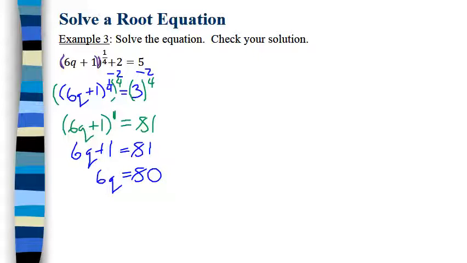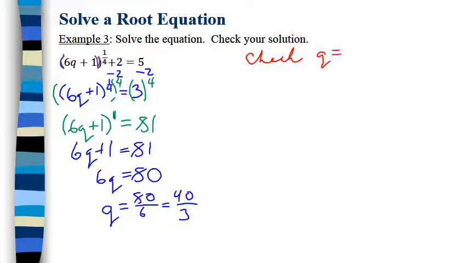And if I divide by 6, I get q equals 80 over 6, which reduces to 40 over 3, but doesn't reduce further, which means I'm going to have to check with a fraction, but that's not a problem. So I'm going to go ahead and check and see, does q actually equal 40 over 3?